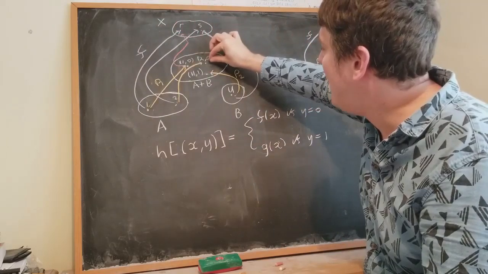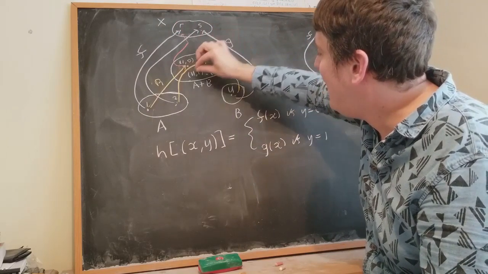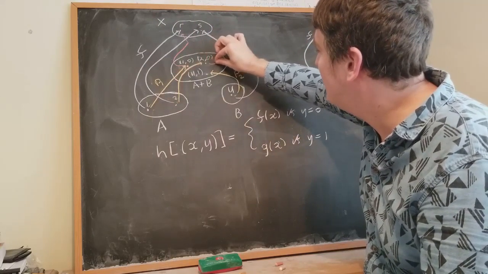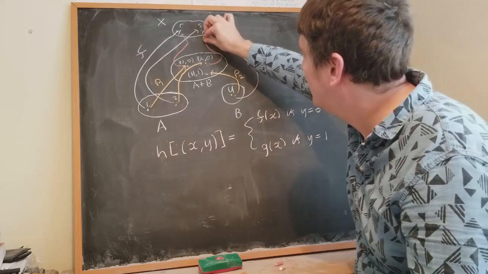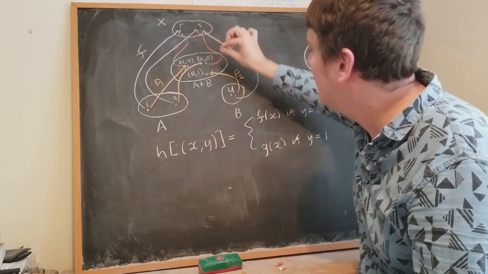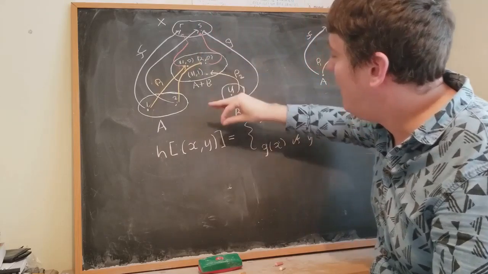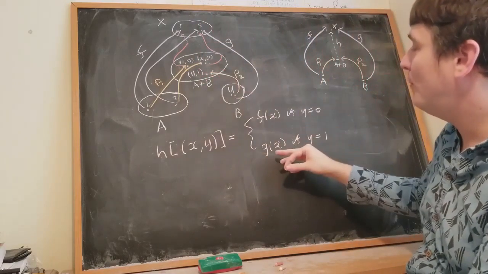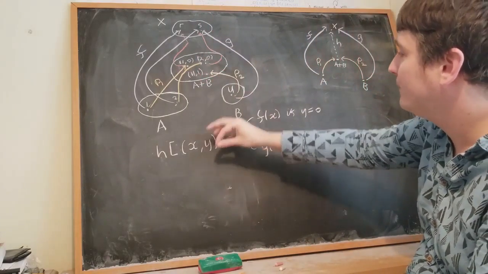Similarly, this came from A, so I'll apply f to the first entry. And this one ends with a 1, so we're going to apply g to its first entry.